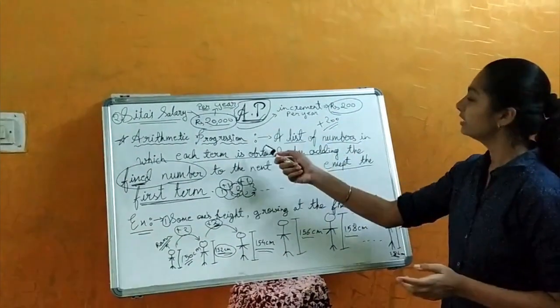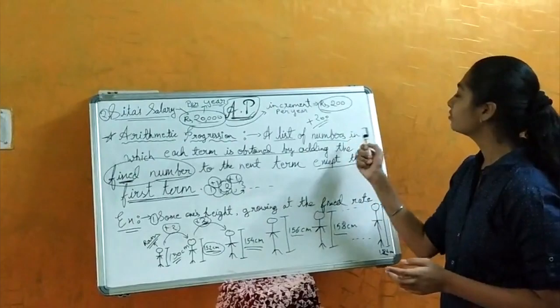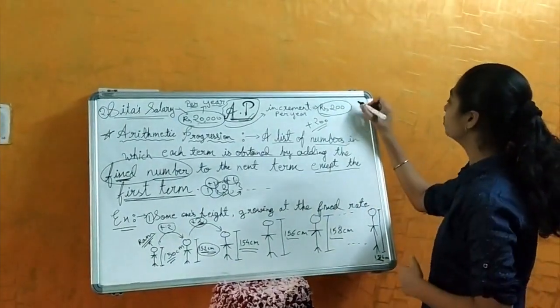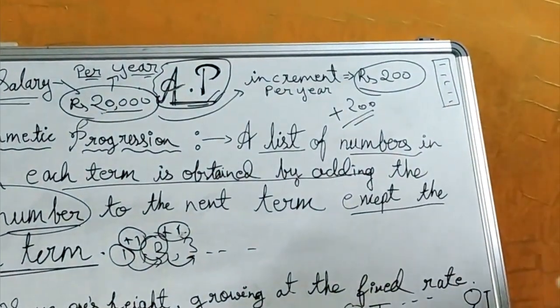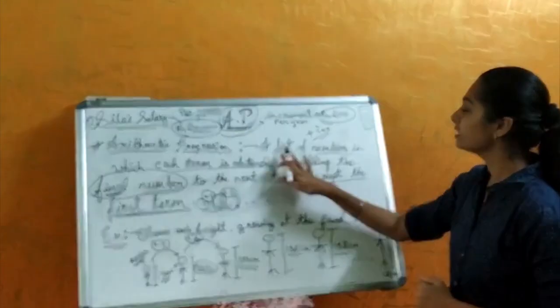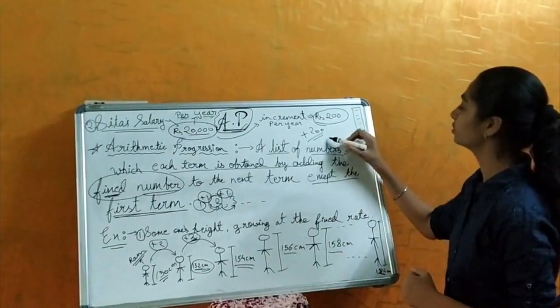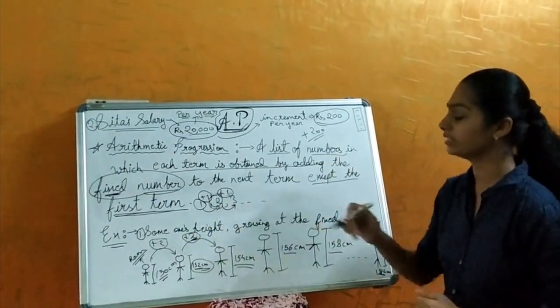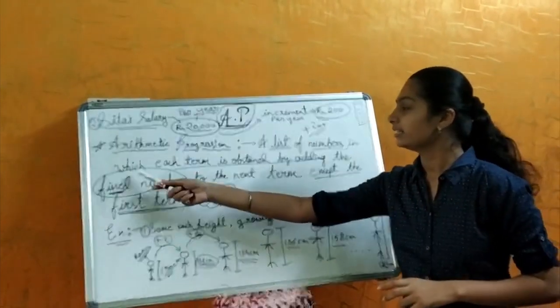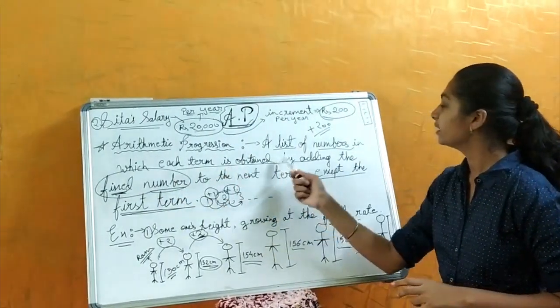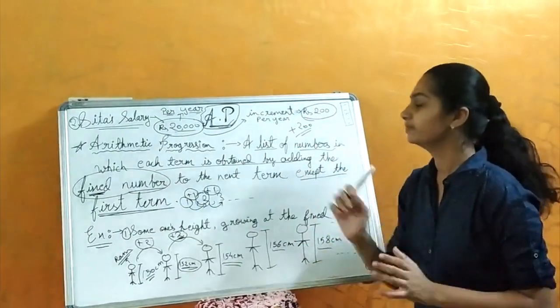So here it is told that a list of numbers, that means you might have a list when you go to any shop. So here is the list of what? Numbers. For example 1, 2, 3 and so on. Now what is told here is that each term is obtained by adding the fixed number.